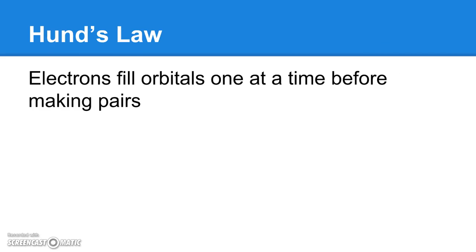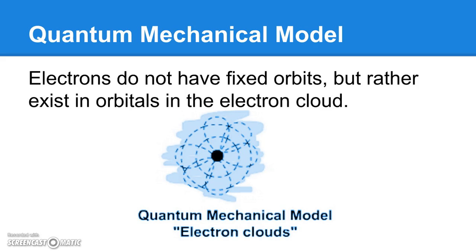Also Hund's rule, it's a rule, not a law, says that electrons fill orbitals one at a time before doubling up, making pairs. That brings us to the quantum mechanical model, which says that electrons do not have fixed orbits, but rather exist in orbitals in the electron cloud.